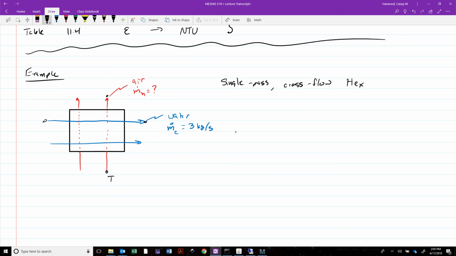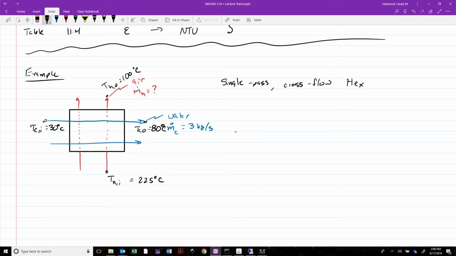The hot inlet temperature is 225 degrees Celsius. The hot outlet temperature is 100 degrees Celsius, so it drops 125 degrees. The inlet cold temperature is 30 degrees Celsius, and the outlet cold temperature is 80 degrees Celsius, so it warms up by 50 degrees.